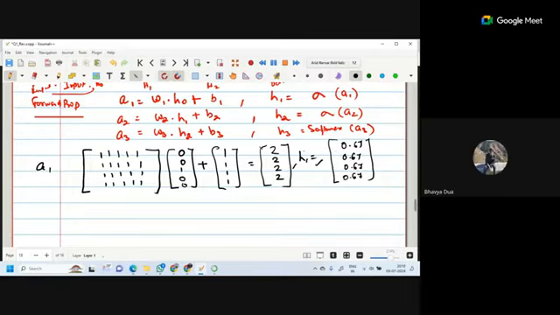About 0.8. Okay, so this is 0.8, 0.8, 0.8, 0.8. Now can we calculate A2? Anyone?